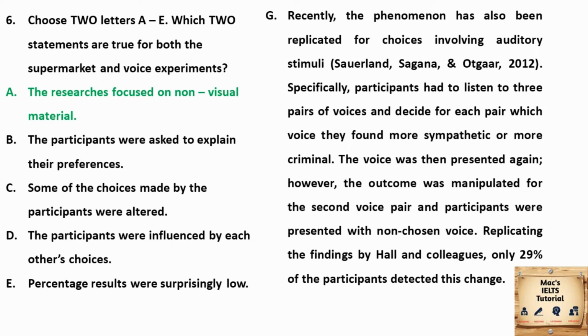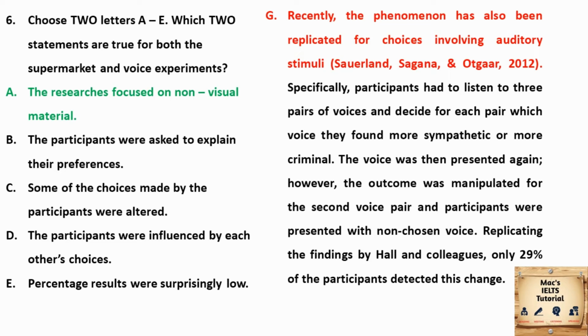Skimming through the para, it states that recently the phenomenon has also been replicated for choices involving auditory stimuli. Auditory stimuli is obviously a non visual material. Hence, feature A goes hand in hand with para G.